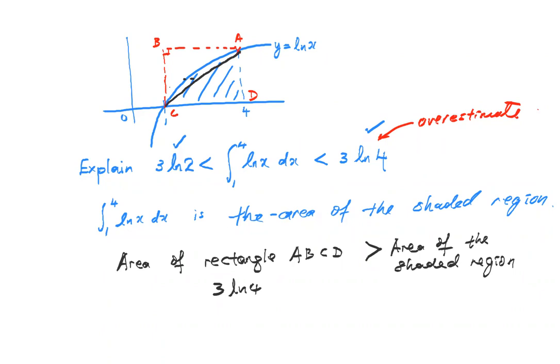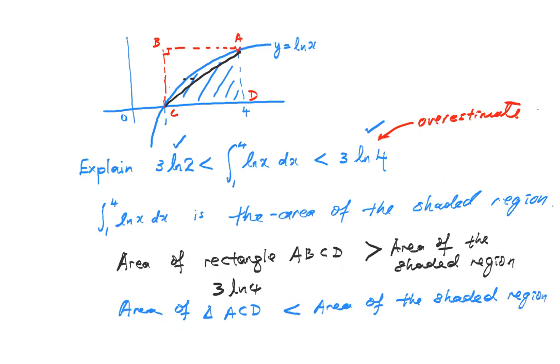So I will write down: area of triangle ACD is less than area of the shaded region. Am I right?